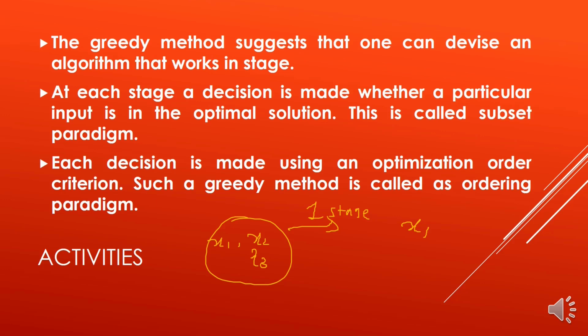At each stage, a decision is made whether a particular input is in the optimal solution. This is called the subset paradigm. Each decision is made using an optimization criterion. So whenever you are making a choice, you have to think about the criterion and make a choice. Such a greedy method is also called the ordering paradigm.